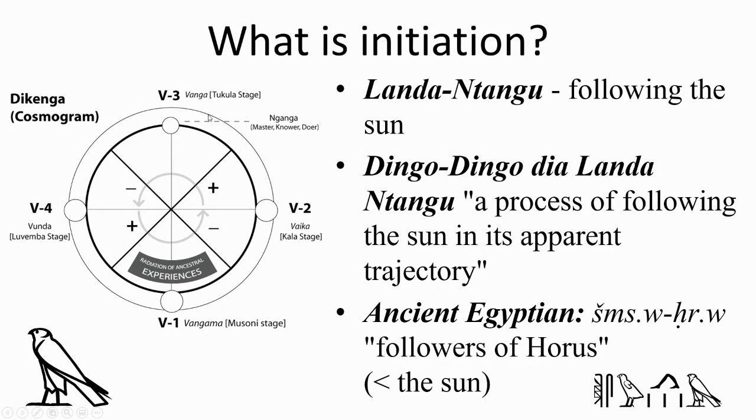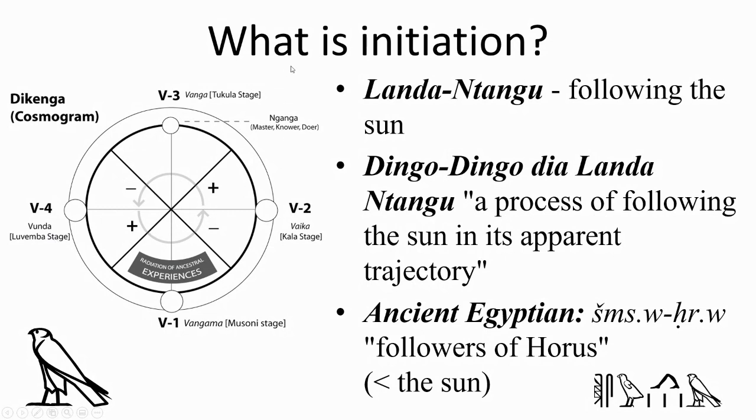They're growing and maturing into their adulthood, into their mastery, known as the Tukula stage. Kula meaning to grow. And finally, becoming an elder and transitioning for a new reincarnation, and to follow this path, this process that we call the dingo dingo.